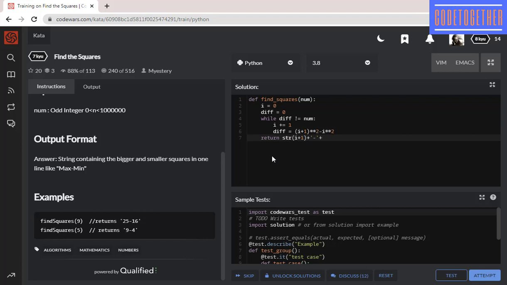This is the format of our output. The square root of the second number, the dash, the square root of the first number.